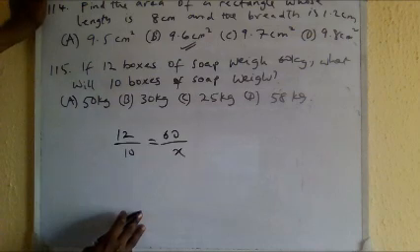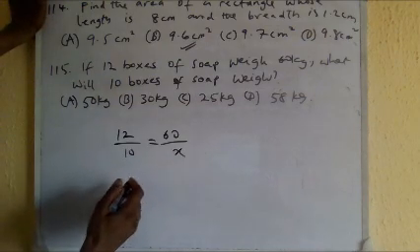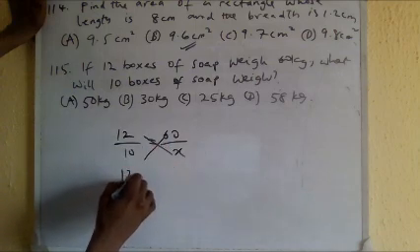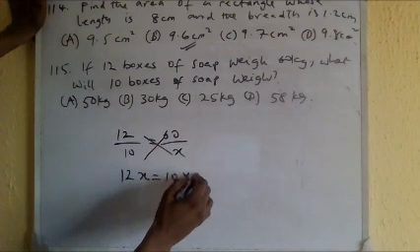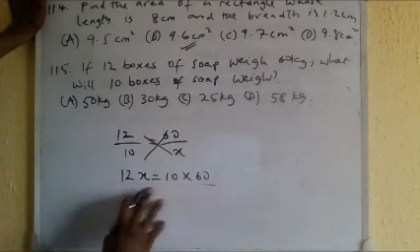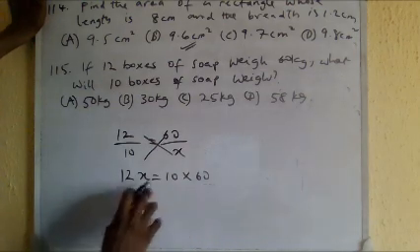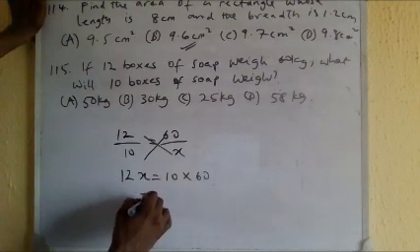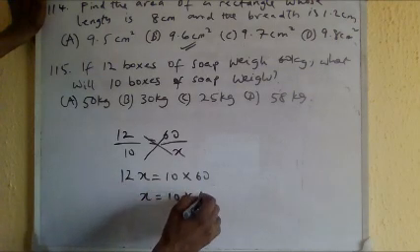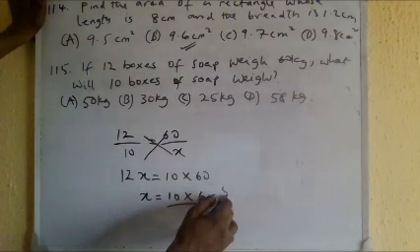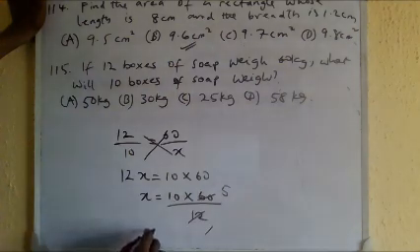So cross multiply to find x. 12x is equal to 10 times 60. To get x, divide both sides by 12. So x is equal to 10 times 60 all over 12. 12 into 12 is 1, 12 into 60 is 5. 5 times 10 is 50 kg.